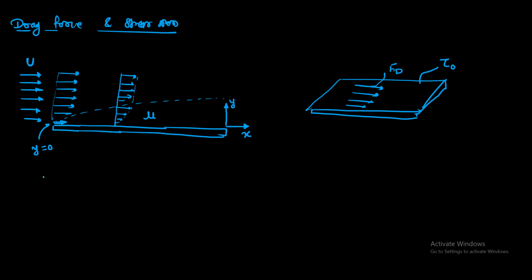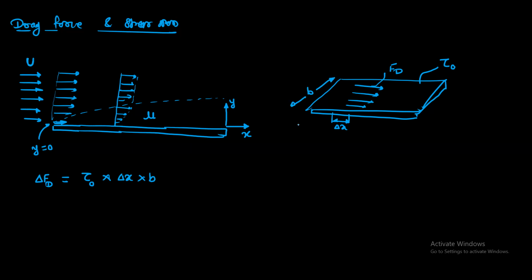So the formula for drag force. So this is for a very small region delta x. So FD is equal to the shear stress tau 0 into delta x into B. So B is the width of the plate.